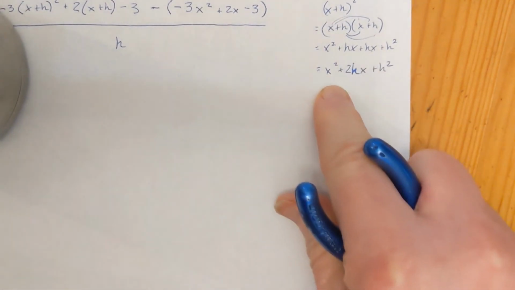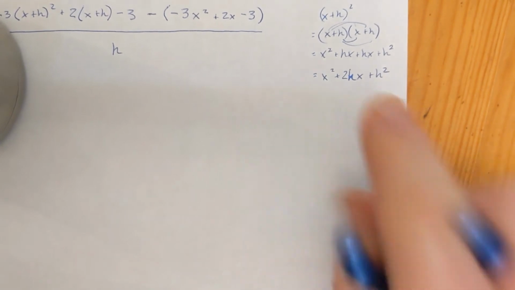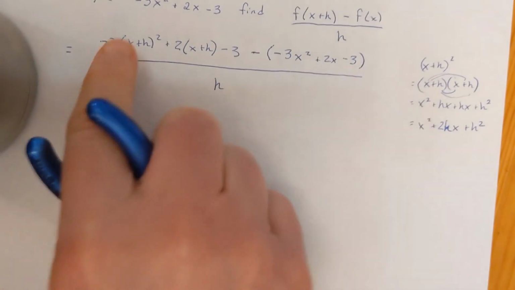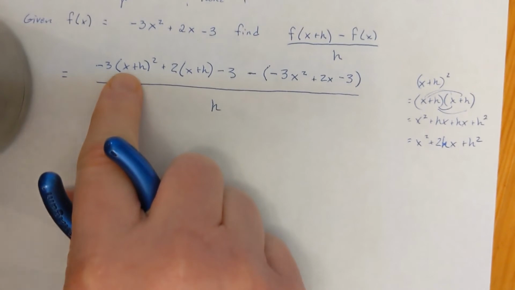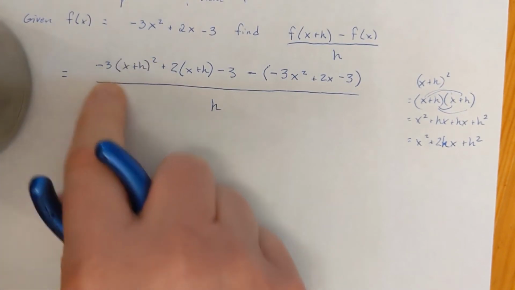So this x squared plus 2xh plus h squared goes in for x plus h quantity squared here.